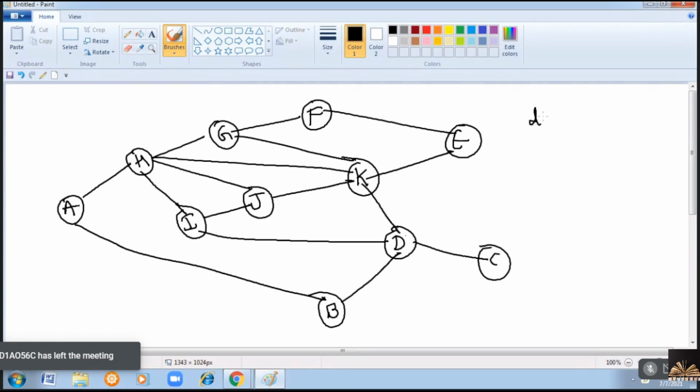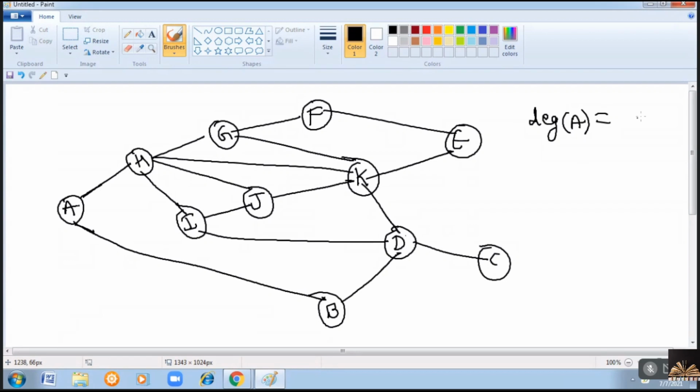First step is you have to find the degrees of all the vertices. What is the degree of A? 2. The degree of B is again 2. C is adjacent with only 1. Next D is 1, 2, 3, 4.